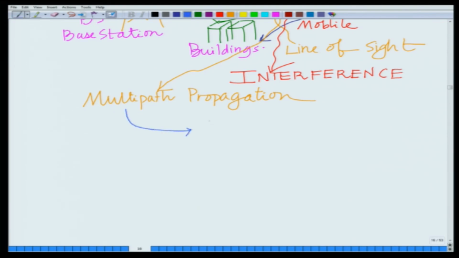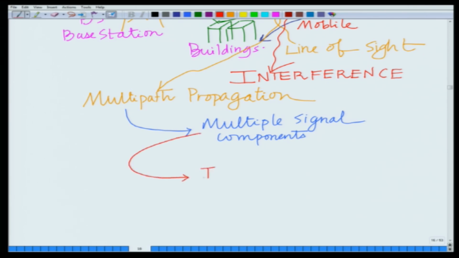Multipath propagation leads to multiple signal components, which lead to interference.